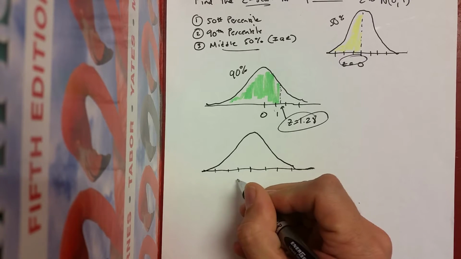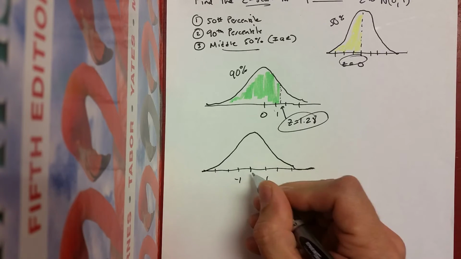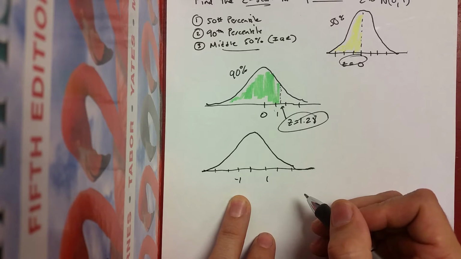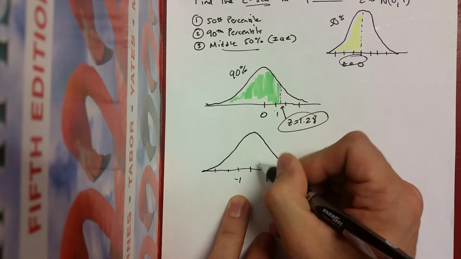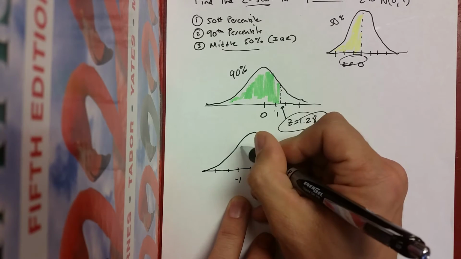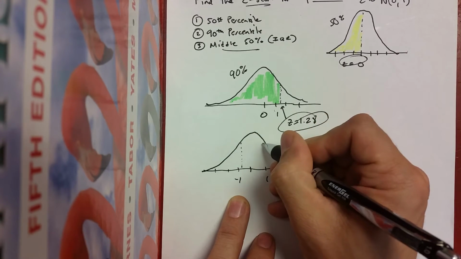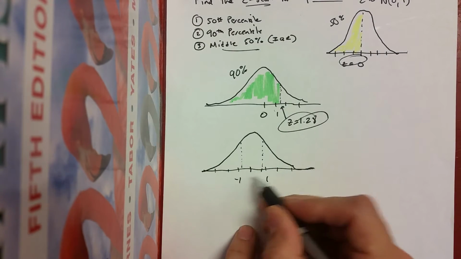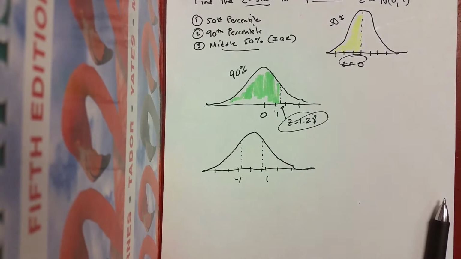Now, we learned from a previous class that between -1 and +1 standard deviations from the mean would be 68%. You guys remember? So 50 is less than that. So I'm guessing that these boundaries are going to be slightly less than 1 standard deviation on either side of the mean.